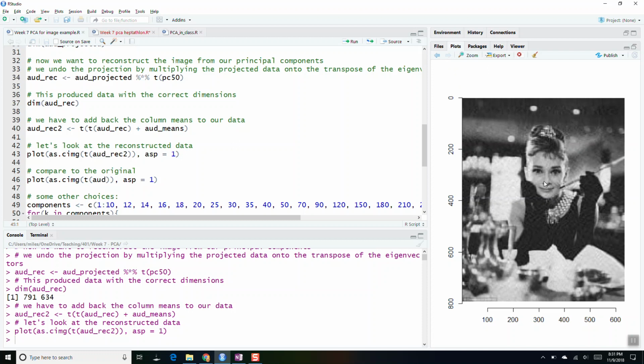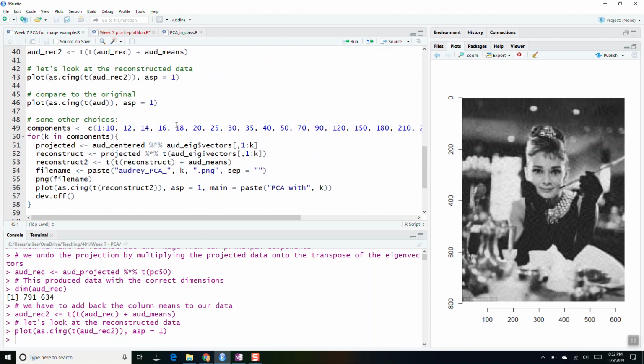Yes, we've lost some information, and the picture is now kind of blurry compared to the original, but anybody who sees this would recognize immediately what it is a picture of. So we could argue that we've maintained the structure.